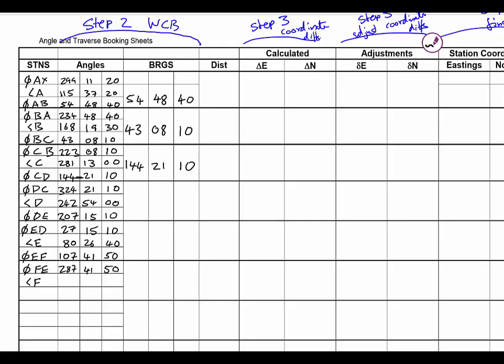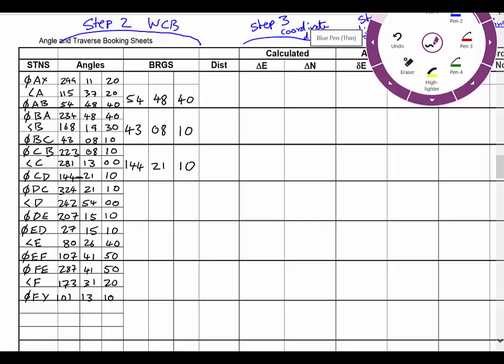And then the angle measured at F, between the back station E and the forward station Y, which was our reference object, is 173, 31, 20. Then for the final bearing FY, add these two together, and we should get the same forward bearing that we were given in the question, if we have done the angular misclosure correctly.